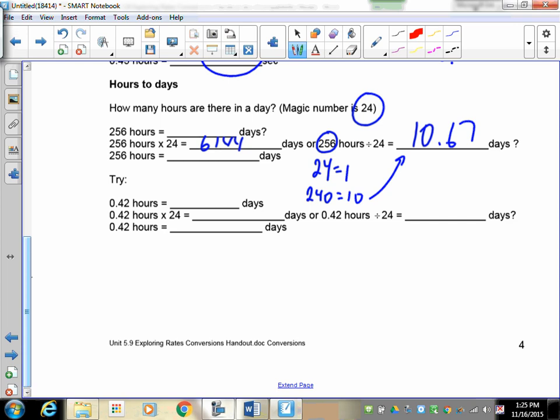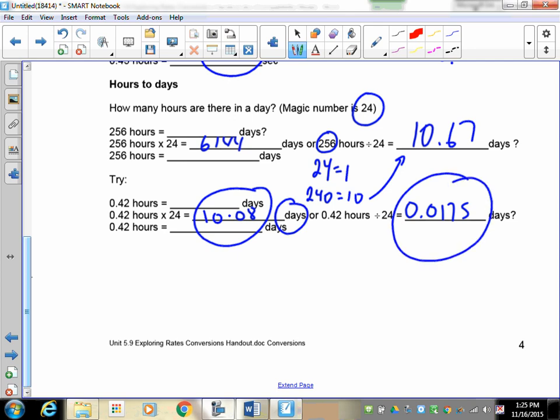All right, so multiplying 0.24, less than 1 hour, is 10.08 days. Or, if you divide, you get 0.0175 days. Now remember, we're less than an hour, right? There's 24 hours in a day, and we're less than an hour. So there's no way that something less than an hour could be equal to 10 days. So it's got to be this one.